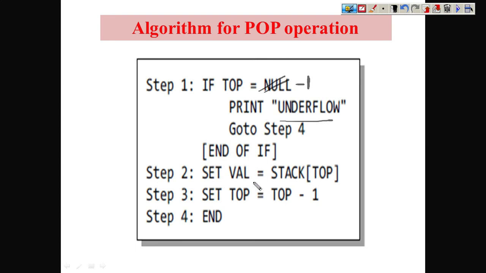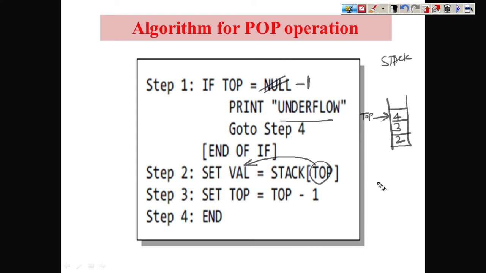Otherwise, you will take the value from the stack, assign it to some variable, and decrement the top variable. What does that mean? This is my stack, and I have the values 2, 3, 4, and top is pointing to the last element.